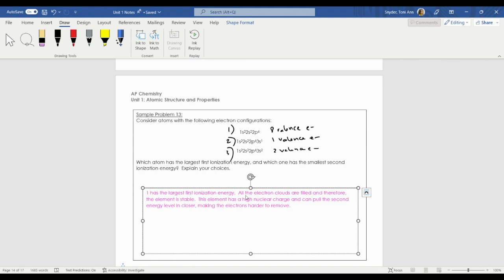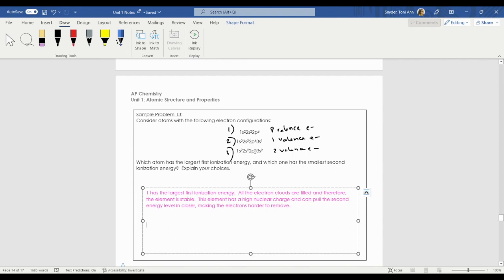Let's say which one of these has the smallest second ionization energy? Which one is it easiest to remove that second electron from? Well, I know that it's still going to be pretty difficult to remove the second electron here because I'm still in that valence shell. Removing the second electron from number 2 becomes much more difficult because I'm getting to the core right here. So there's our core electrons.